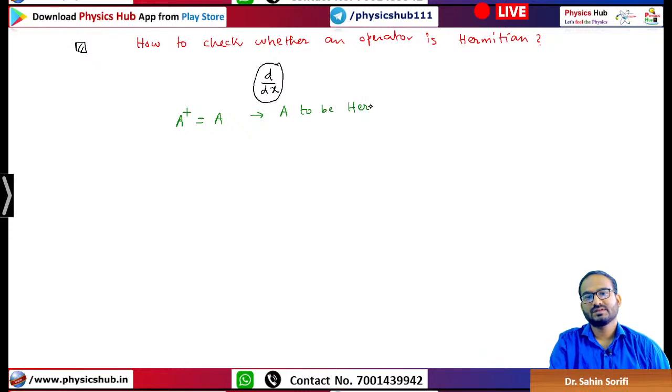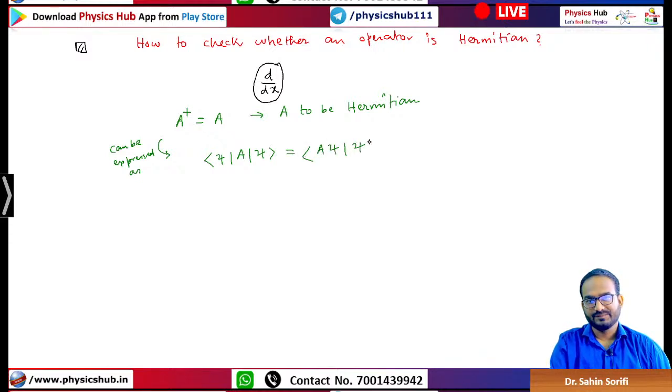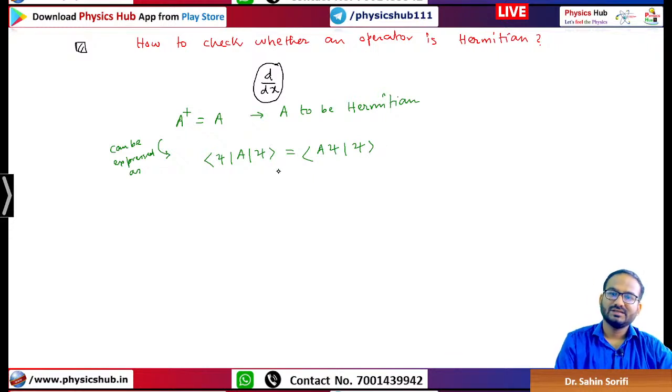This is the basic criterion. Now, this condition can alternatively be expressed as <psi|A psi> equals <A psi|psi>. If this criterion holds, then we can say that A is Hermitian.